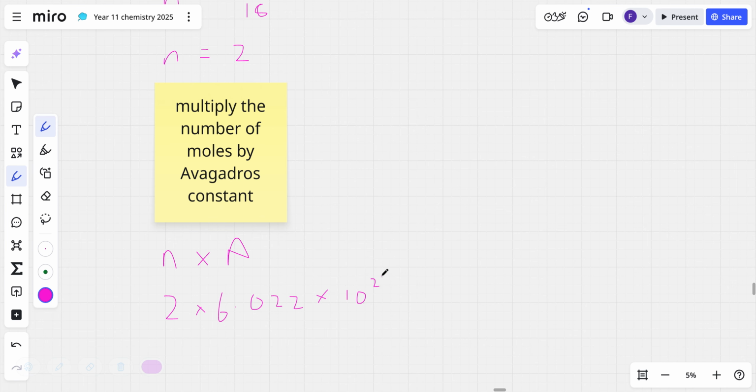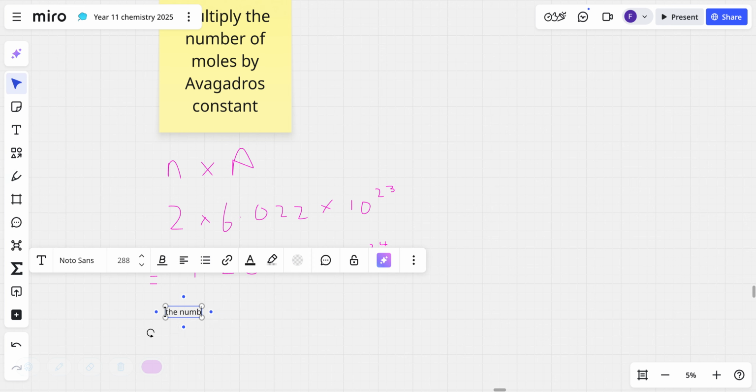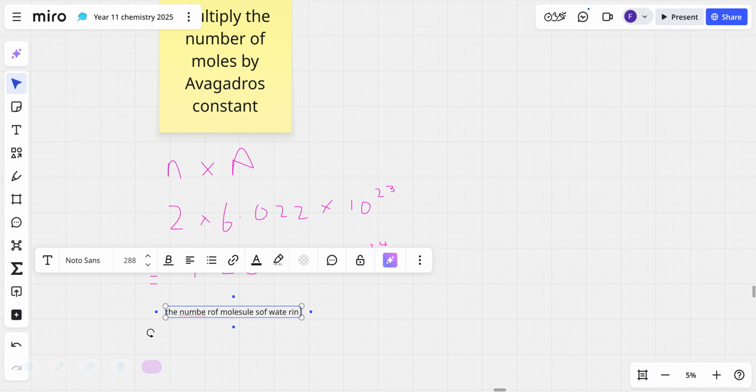And this should give you 1.2044 times 10 to the 24. So that's the number of molecules you have of water. This is the number of molecules of water in 36 grams. All right, and there you go.